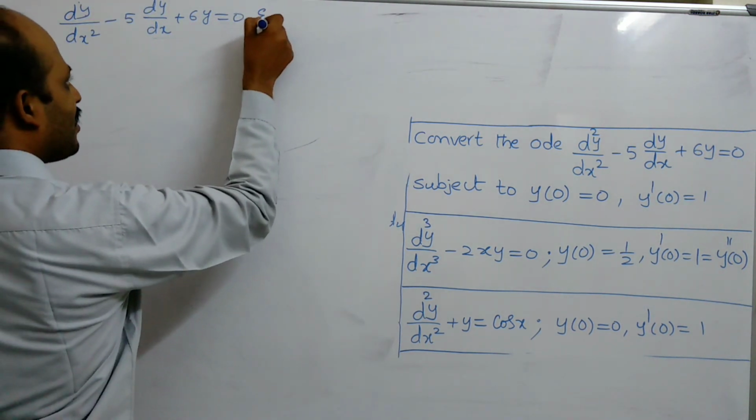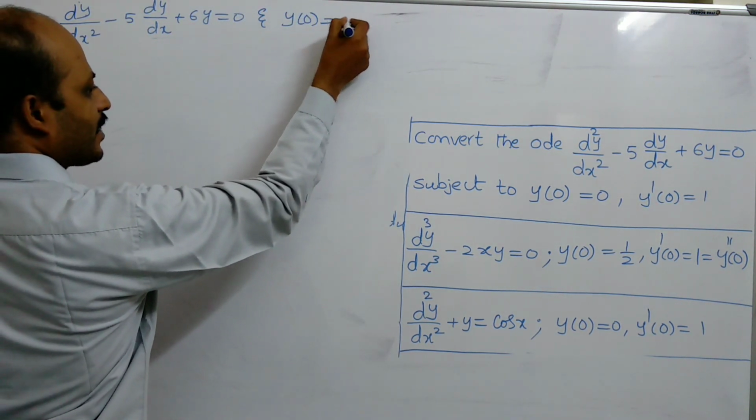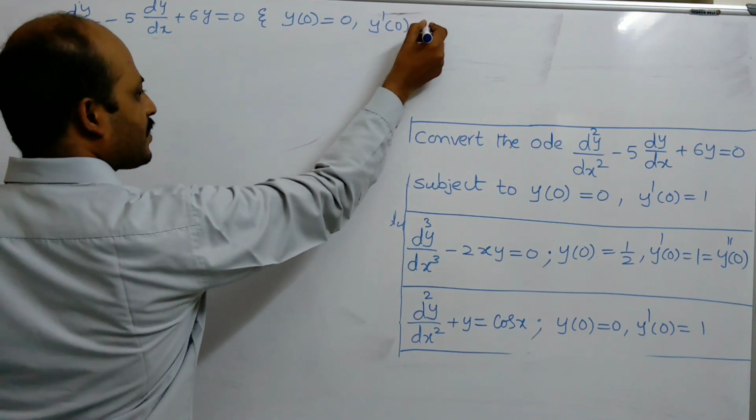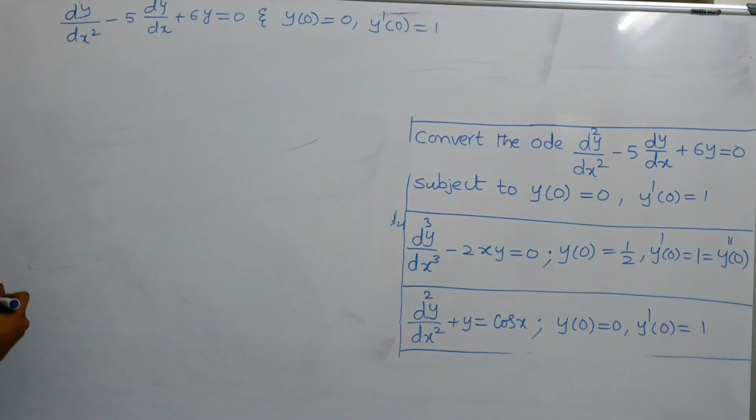And the boundary conditions are y of 0 is equal to 0, y dash of 0 is equal to 1. Initial conditions or boundary conditions.